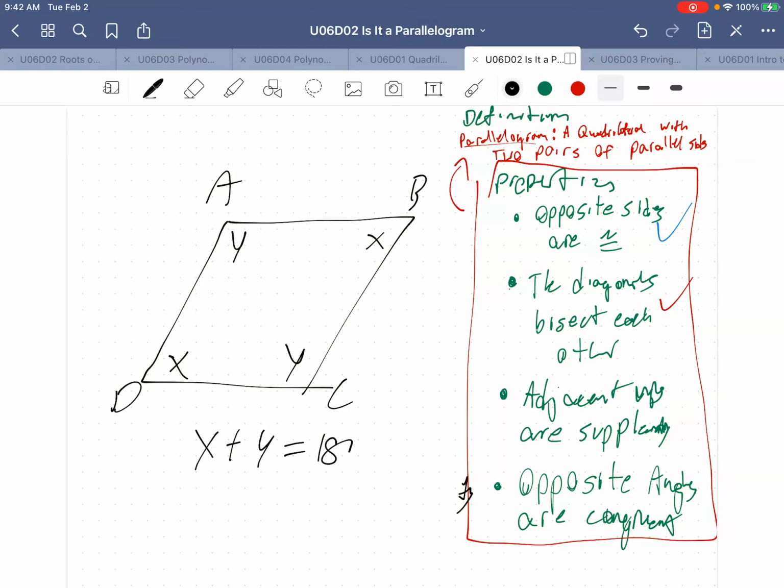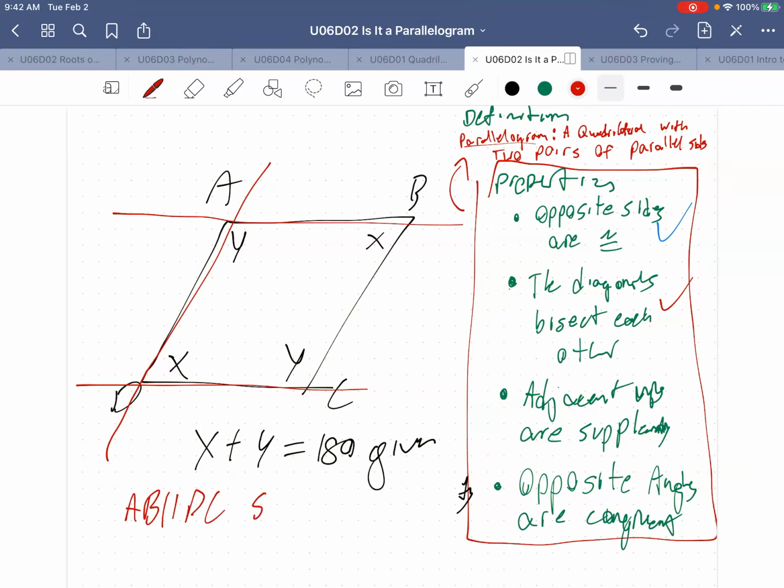So x plus y equals 180 is given. We can say that AB is parallel to DC by the same side interior angle theorem. So that's already proving two of the sides are parallel.